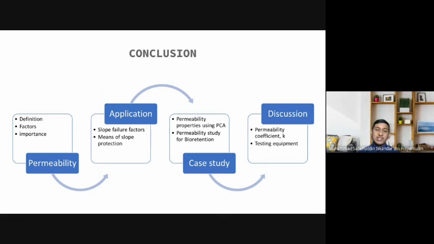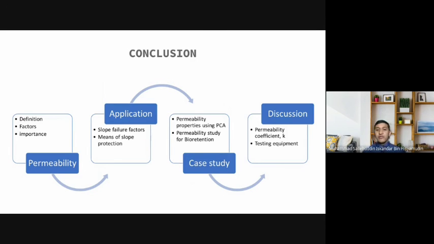In this case study, the researchers found an equation for permeability using 5 factors they found in their study. And the second case is a permeability study for bioretention. The researchers of this study recommended that before we apply a bioretention system in certain places, we assess the soil so that the bioretention system will achieve the objective of rainwater runoff management.